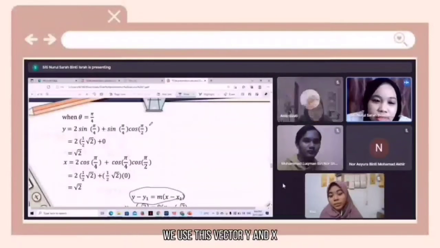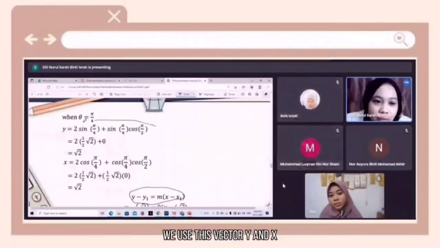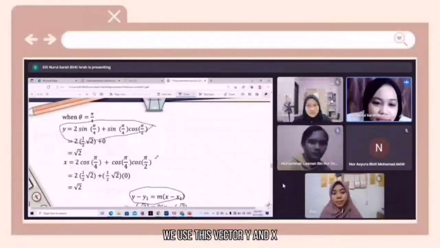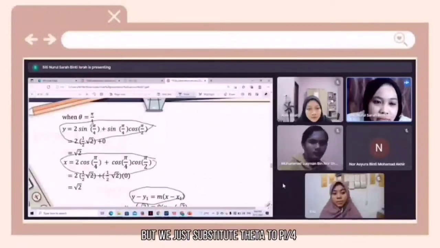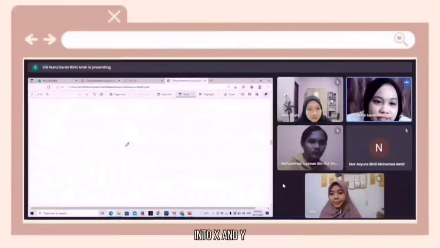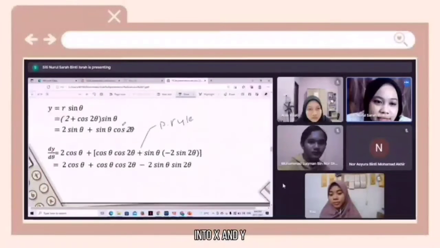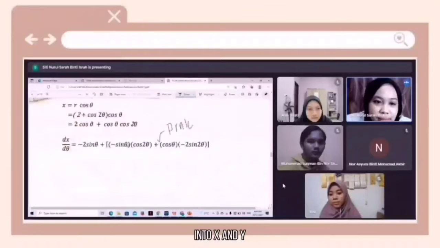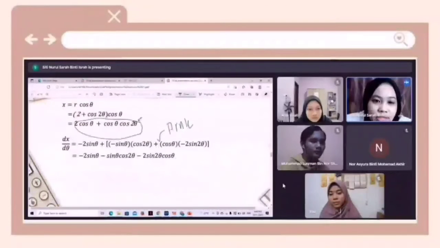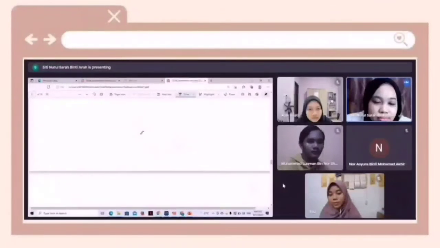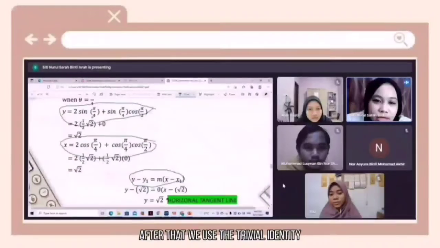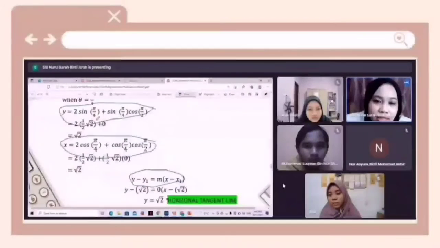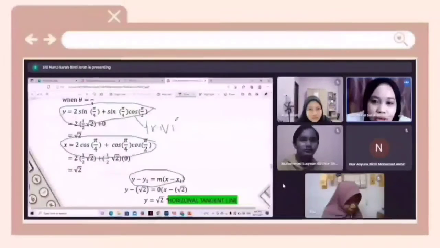We use back the y and x, but we substitute theta to pi over 4. After that, we use the trivial identity too.